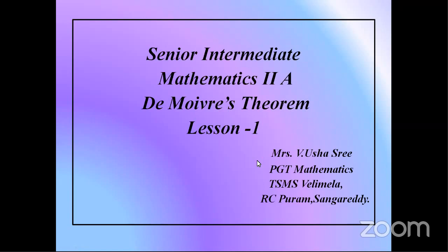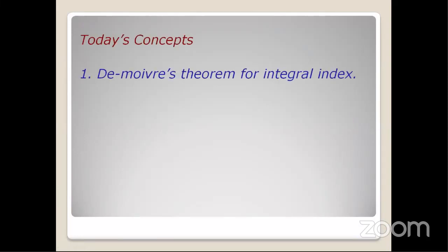Now, today's concepts, what we are going to see is De Moivre's theorem for integral index. We'll try to see the proof of De Moivre's theorem. Then we'll see what are nth roots of a complex number. When a complex number is given to you, what is this nth roots of that complex number?